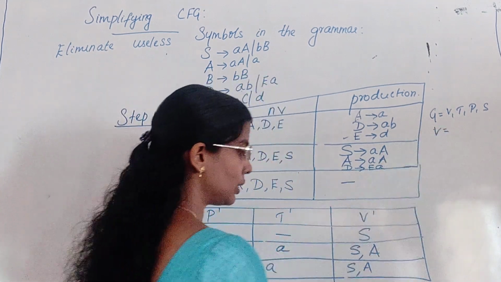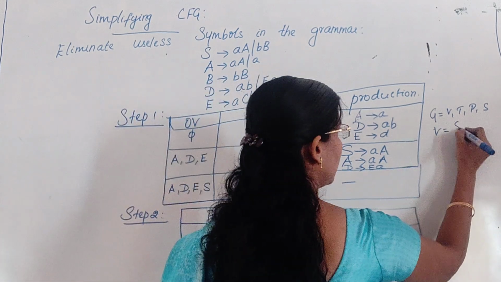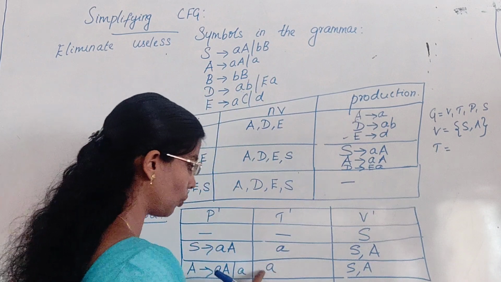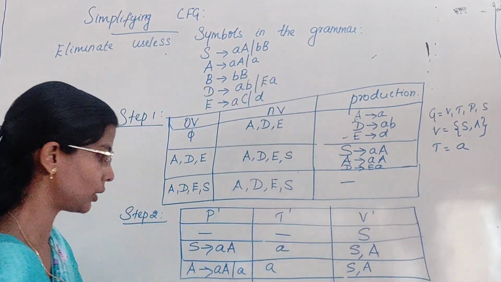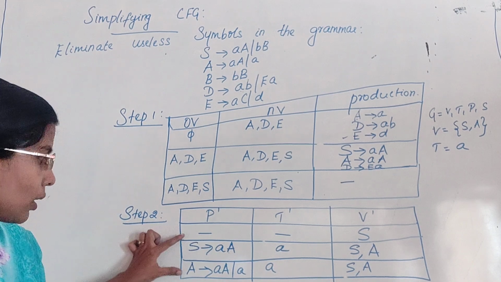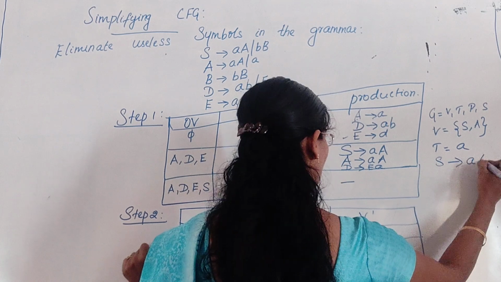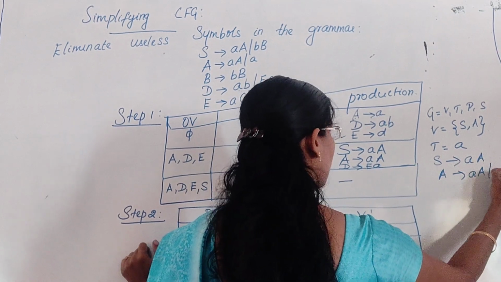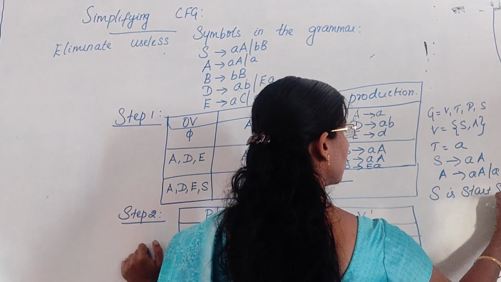See the final row: S, A. What are the terminals? Only small a. What are the productions? I got only 2 productions: S tends to A and A tends to a. And S is the start symbol.